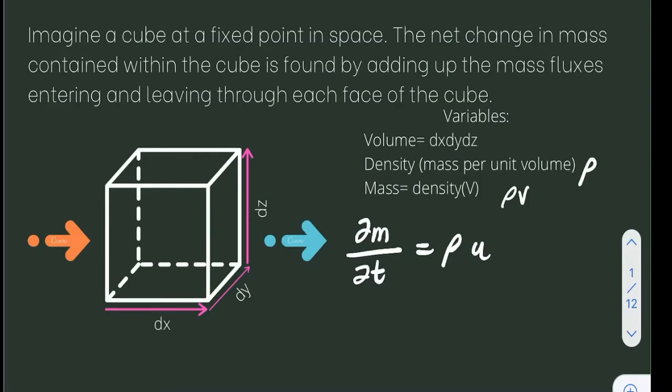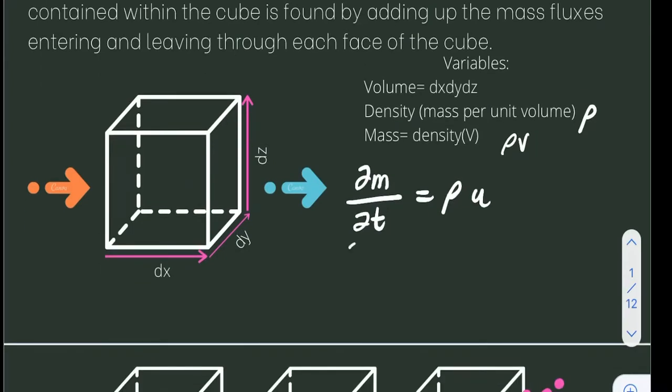Now, to know the mass flux of this system, we need to get the net change of it. Therefore, change in m over change in t is equal to m in minus m out. Okay. So how do we do that?